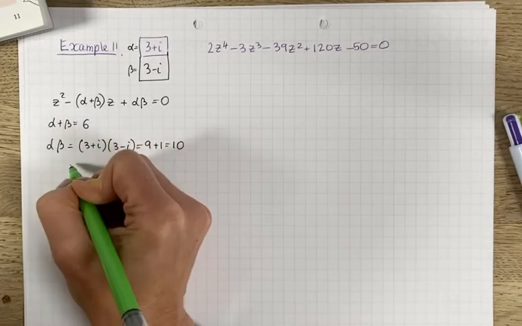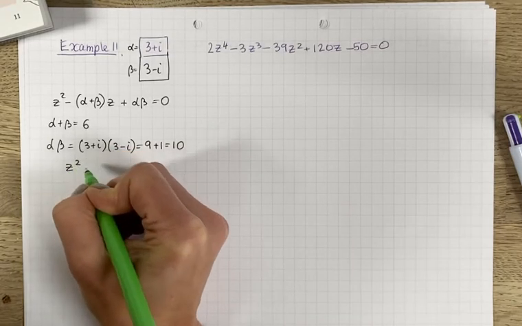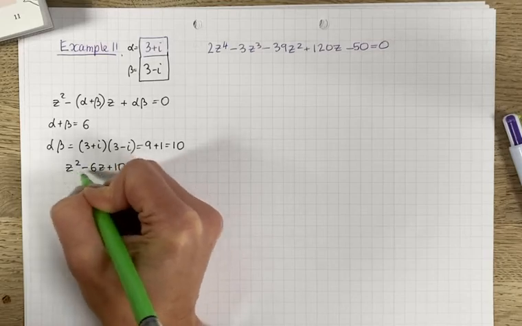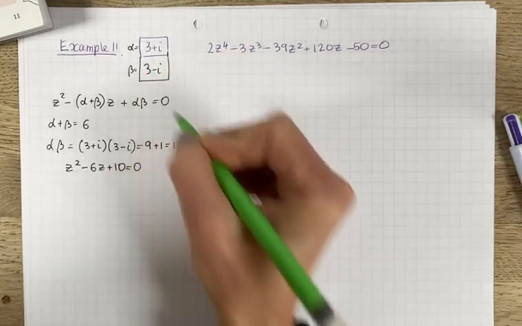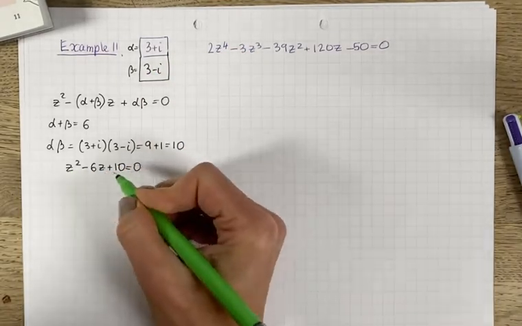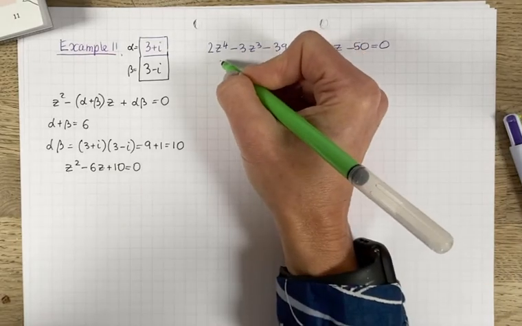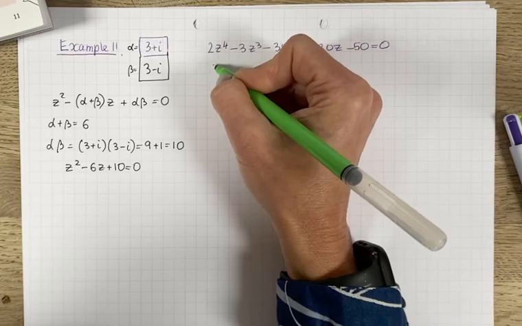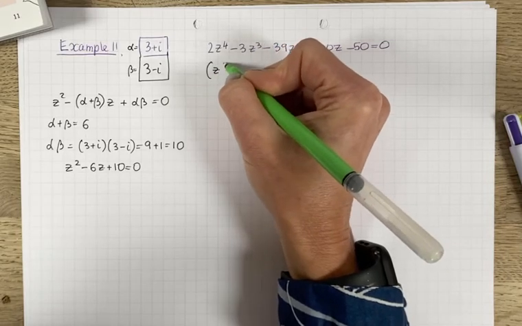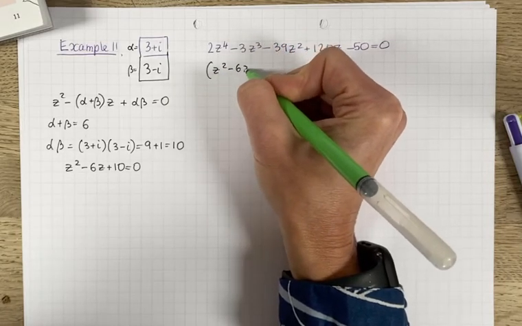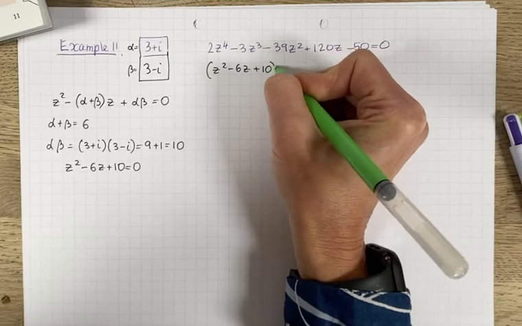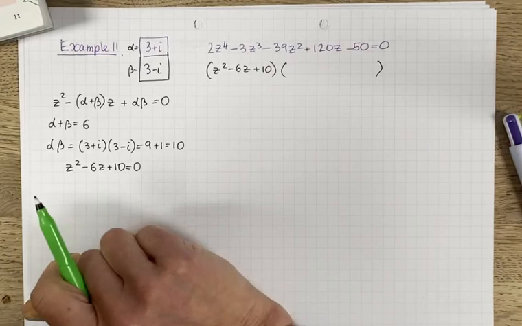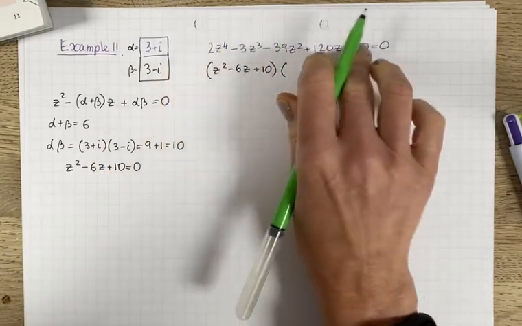So putting these into our quadratic, z squared minus 6z plus 10 is our equation that these came out of. So this quadratic must also be a factor of our quartic. So let's find the other quadratic that this quartic generates.